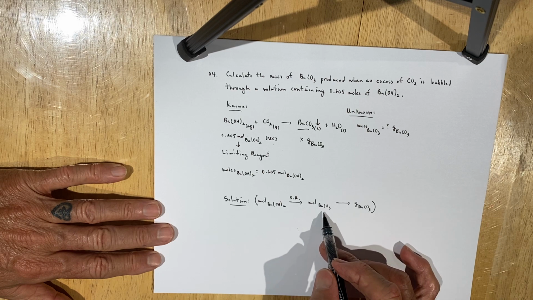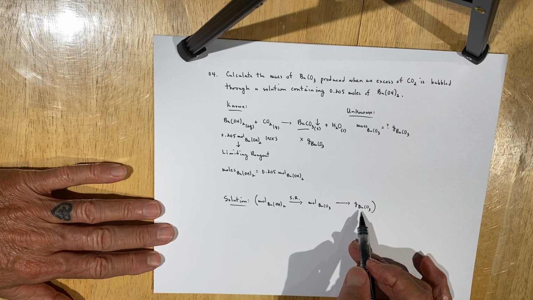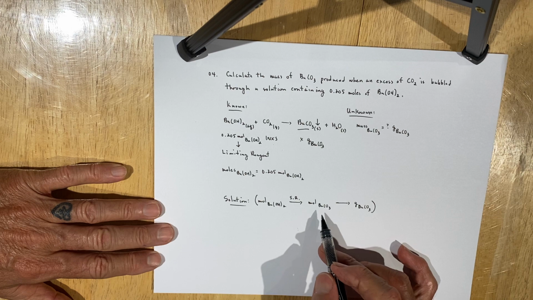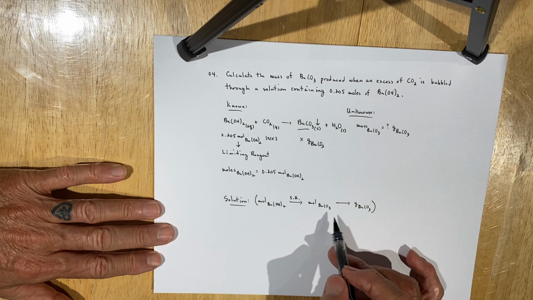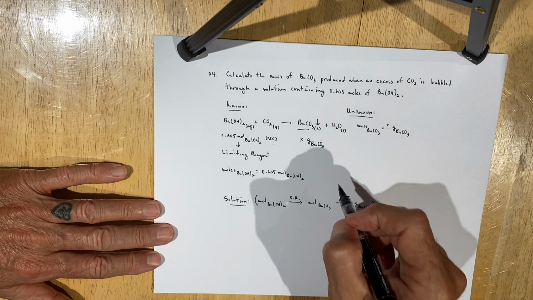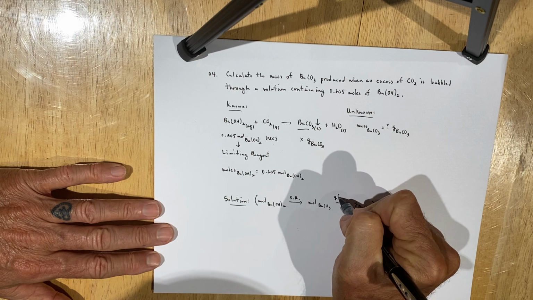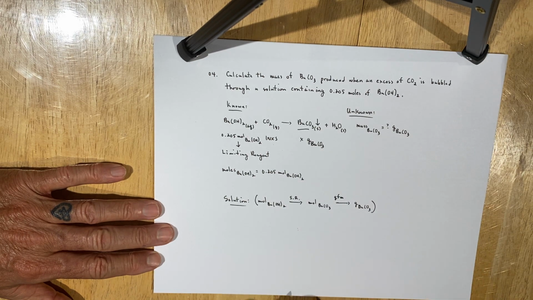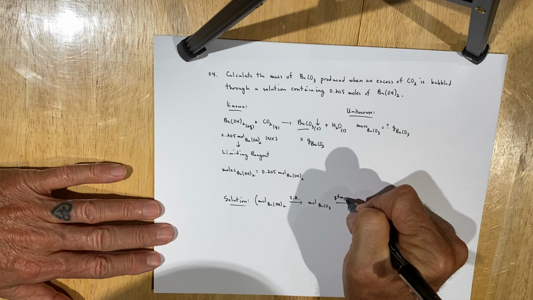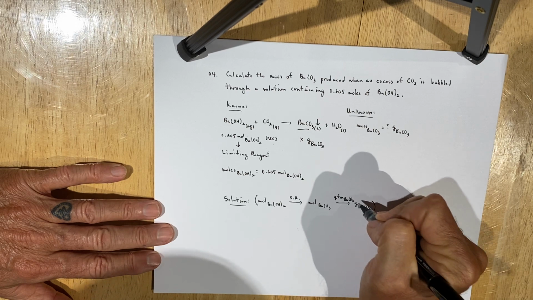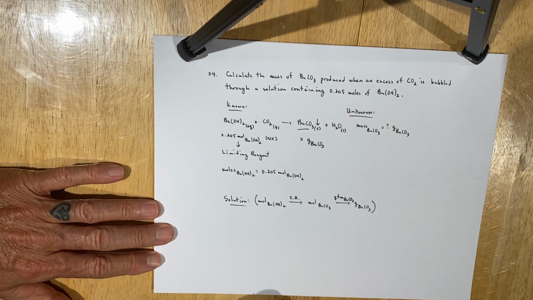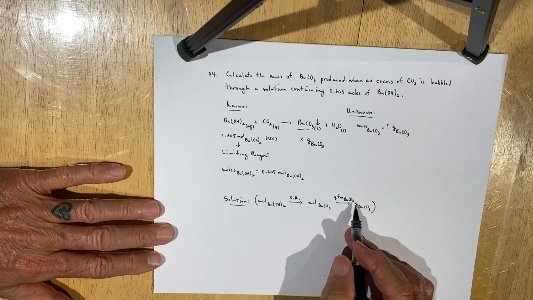And then to go from moles of product to grams of product, you're going to need to calculate the molar mass of barium carbonate. Since that's an ionically bonded substance, we're going to refer to that as the gram formula mass of barium carbonate. So we've got an extra calculation that you need to do to solve this problem.